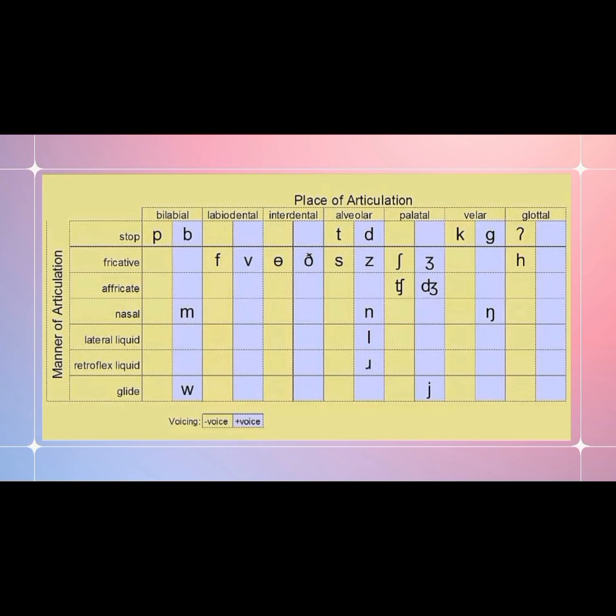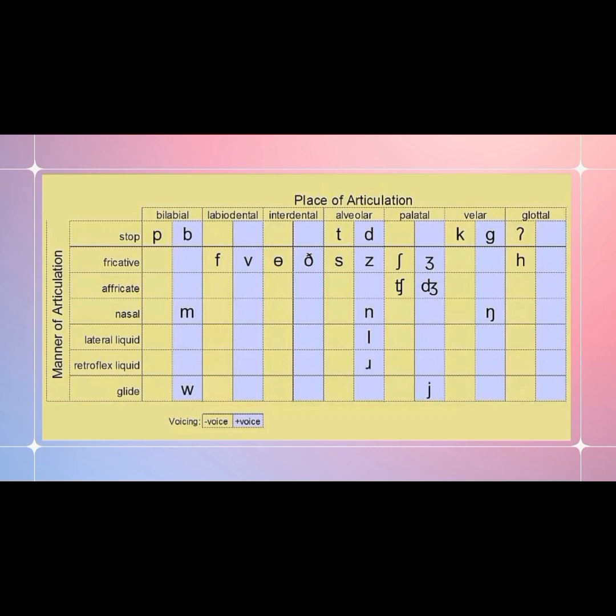Our first column indicates the lips as the place where these consonants are produced and is labeled labial. Maybe dentals are next.